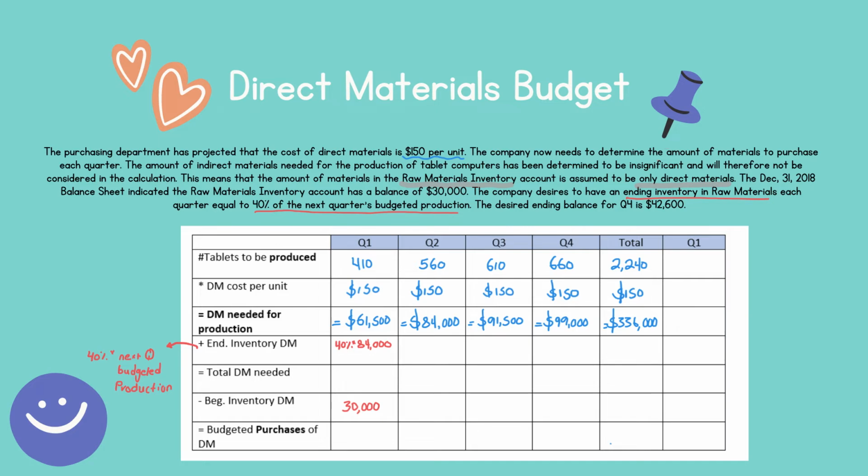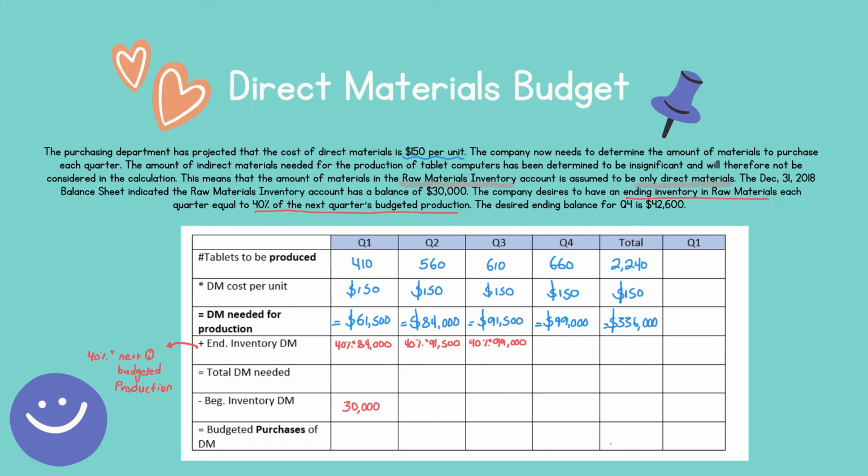In quarter two, I need to multiply 40% with next quarter production, which is 91,500. In quarter three, it's 40% multiplied by 99,000 from quarter four.